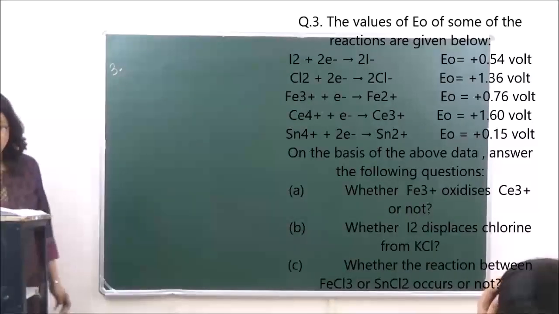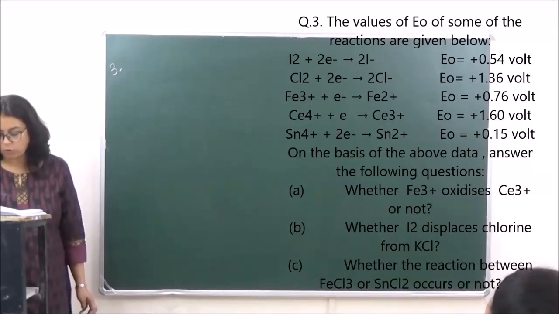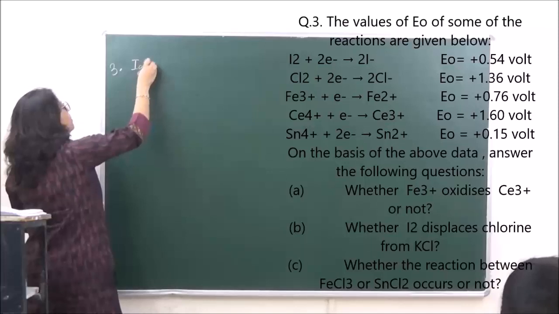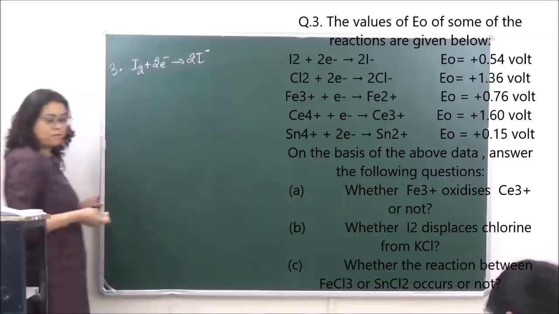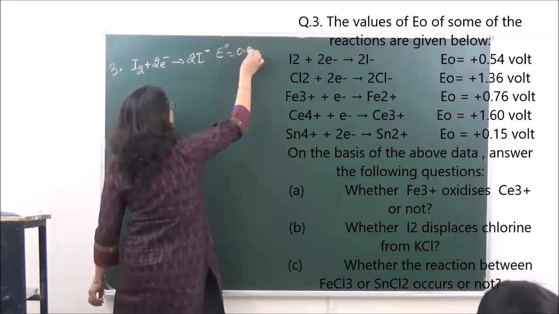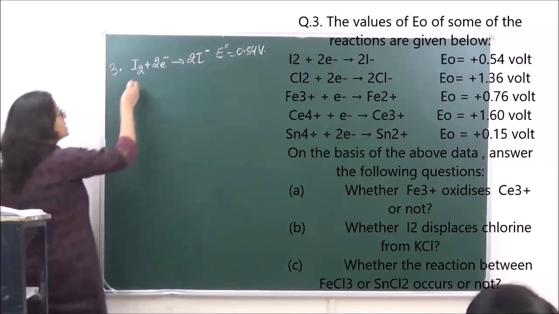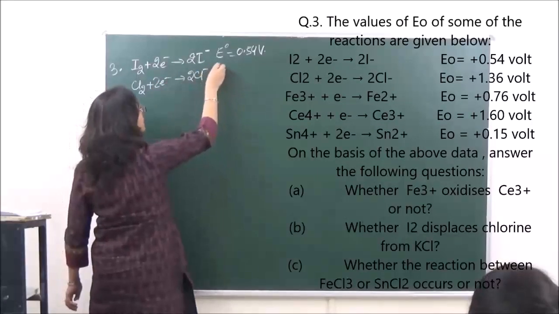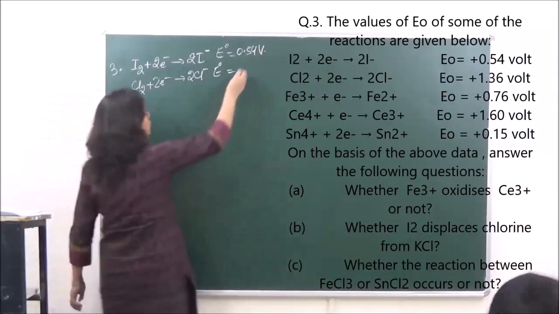Question number 3 is the values of E0 of some of the reactions are given below. The first reaction is I2 plus 2e- to give us 2I-, and the E0 value is 0.54 volt. The second reaction is Cl2 plus 2 electrons to give 2Cl-, and the E0 value is 1.36 volt.